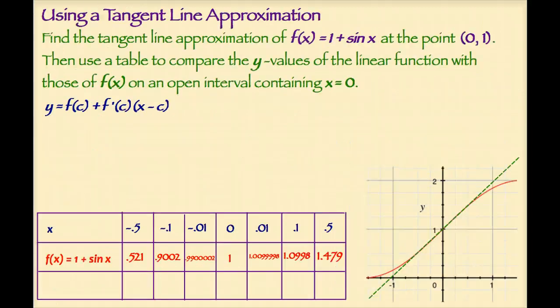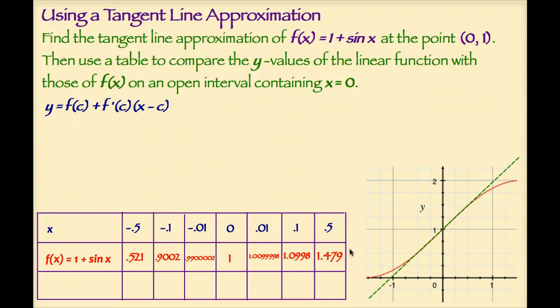Find the tangent line approximation of f of x equals 1 plus sine x at the point 0, 1. Notice that I've graphed the curve 1 plus sine x here, and I've also graphed the tangent line at the point 0, 1. We're going to find the equation of this tangent line, then use a table to compare the y values of the linear function, the tangent line, with those of f of x, the original curve, on an open interval containing x equals 0.